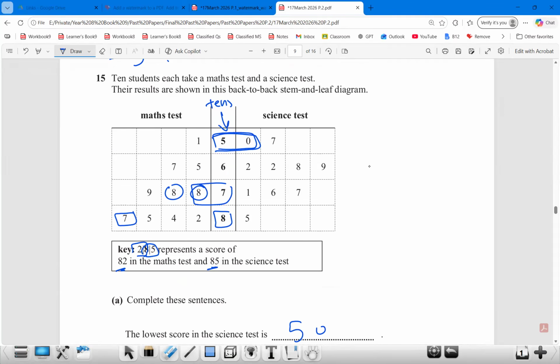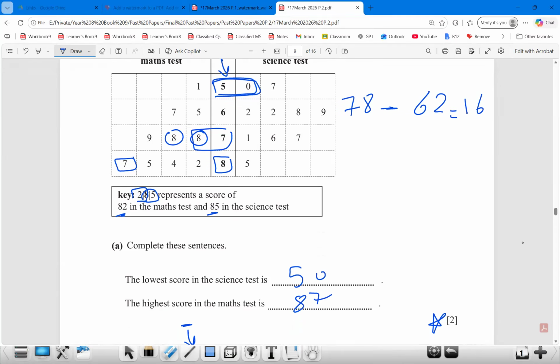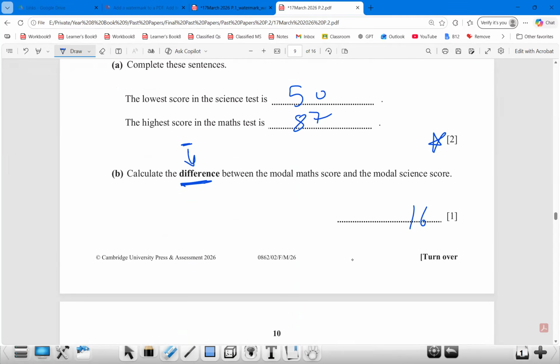In the math it is 78, and in the science it is 62. They wanted the difference, so subtract them. This will give you exactly 16.